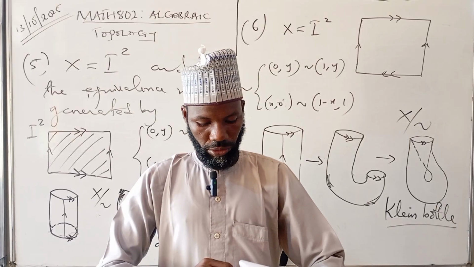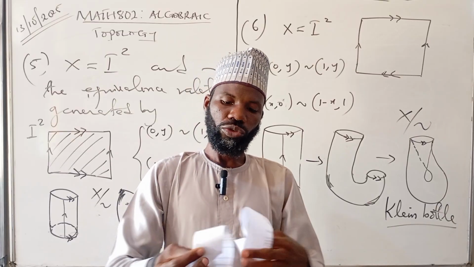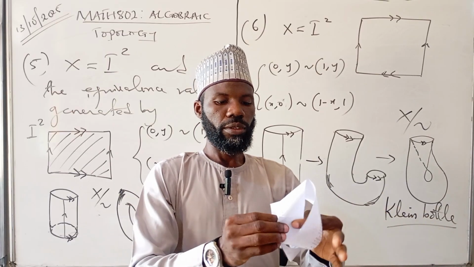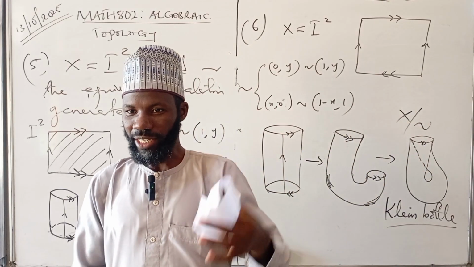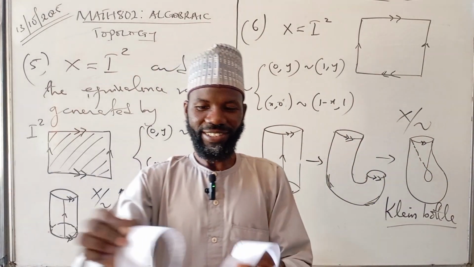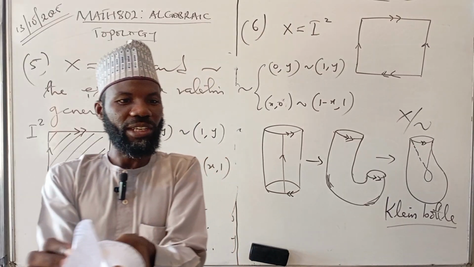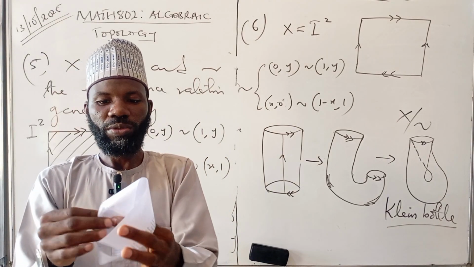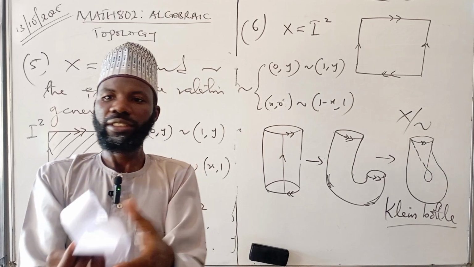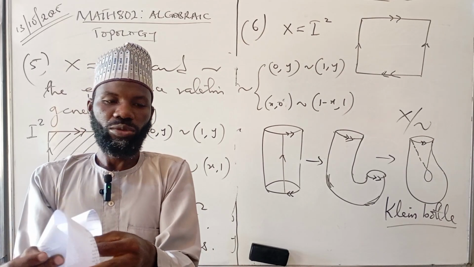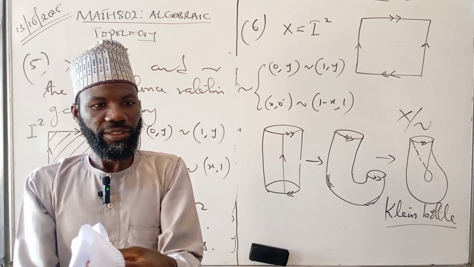Remember I told you the boundary is a cycle, and the boundary again is a cycle. So you can glue them together along the boundary. These 2 Mobius strips, I can start gluing them together along the boundary. But you see, this exercise will not be possible in 3 dimensions.